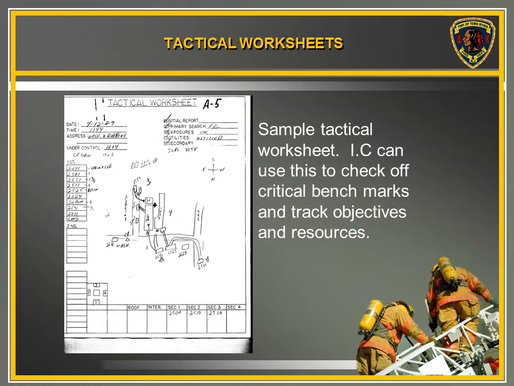He can determine what objectives were assigned to what resources. He can draw in a map of the incident. And again, this tactical worksheet can be saved and reproduced later for training, or if it's required for some type of legal issue down the road for the fire investigation.